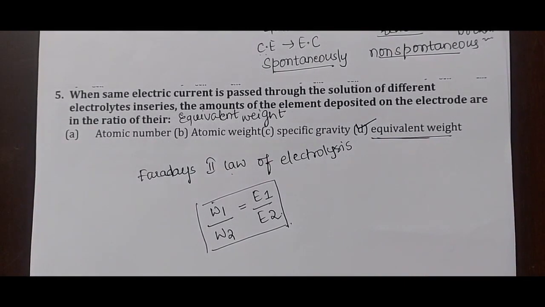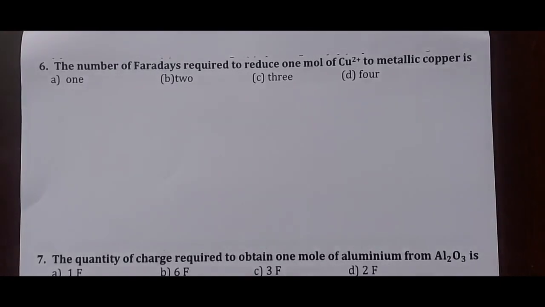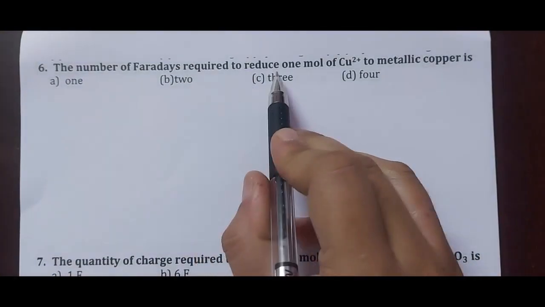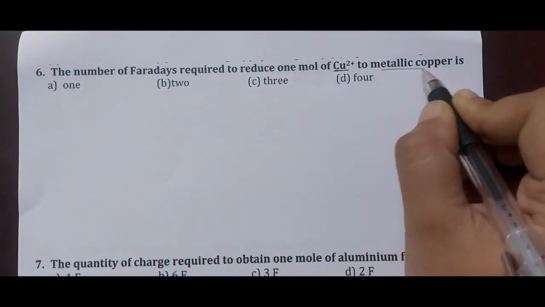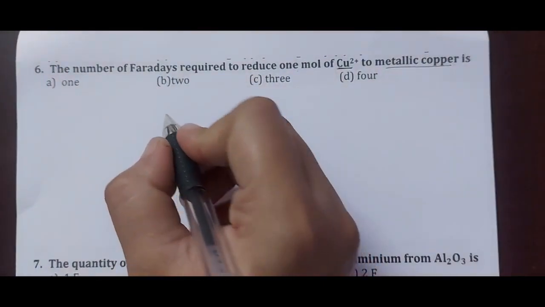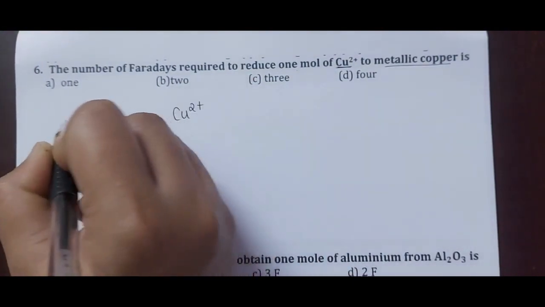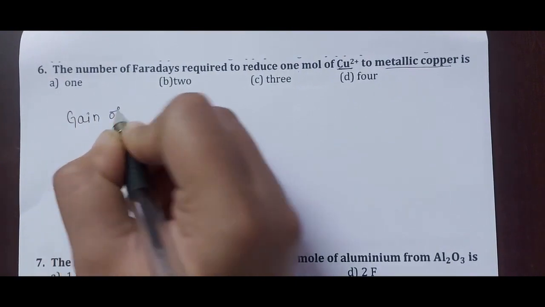Yes, so this becomes your fifth question. We'll go with the next one. So the sixth question states that the number of Faradays required to reduce 1 mole of Cu2+ to metallic copper is. So reduction reaction. Reduction reaction means what here? Gain of electrons.